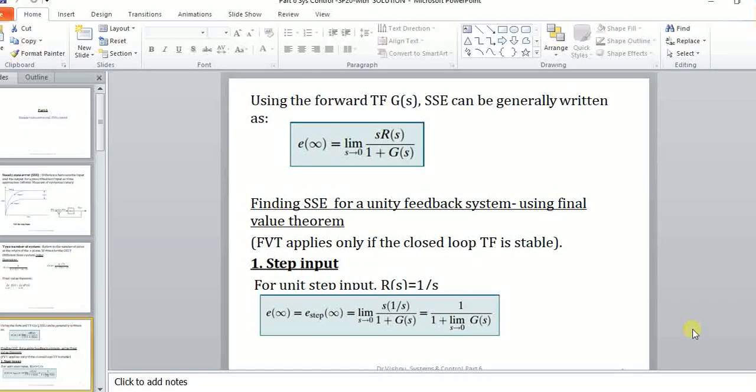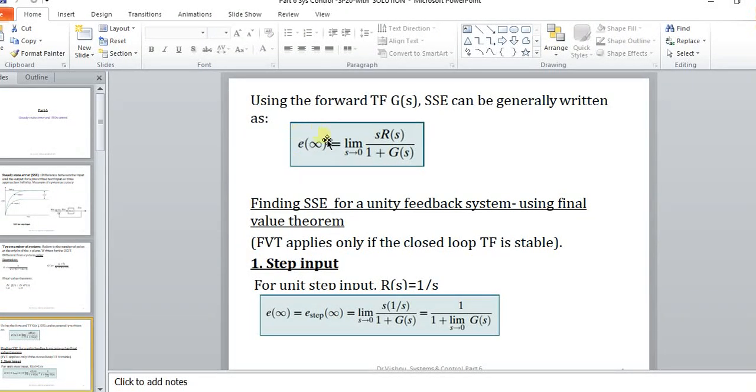It is not going to settle. So we don't have any value to compare and say that this is different from the input we want. To find whether the system is stable or not, we know the procedure. In part 5, we discussed the Routh criterion, which helps you say whether the system is stable or not. If the system is stable, then we can apply the final value theorem and get the steady state error.